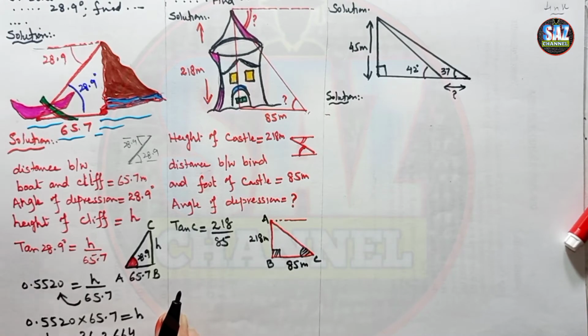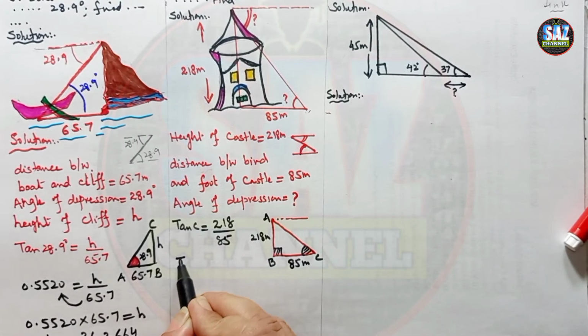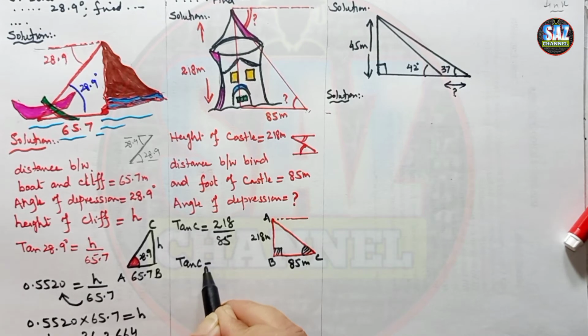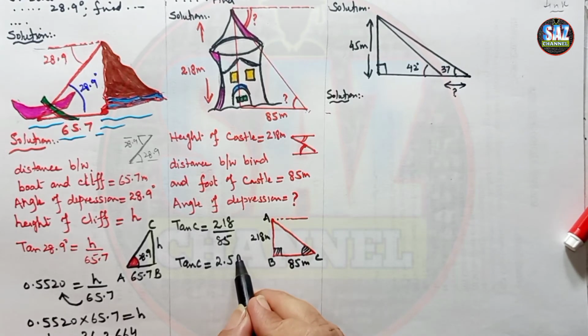Now 218 divided by 85, and this gives me tangent C equals 2.5647.